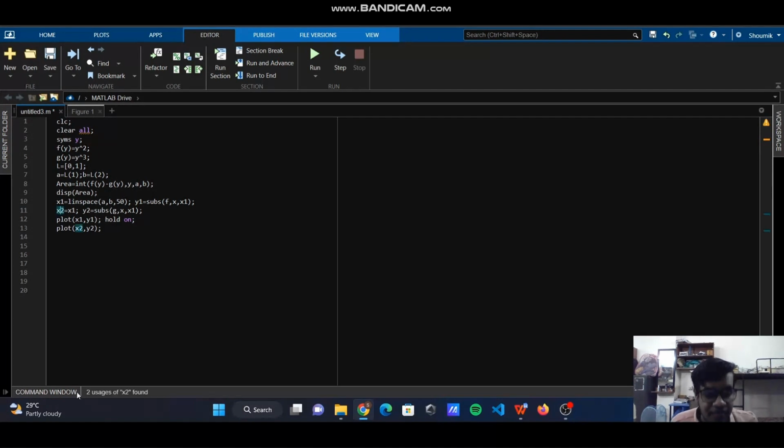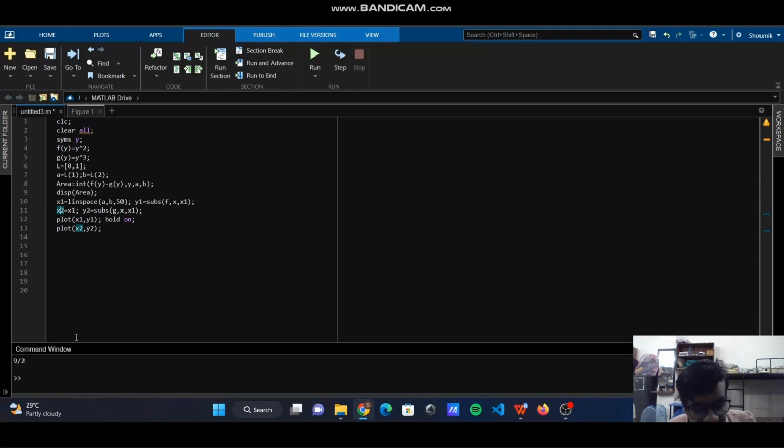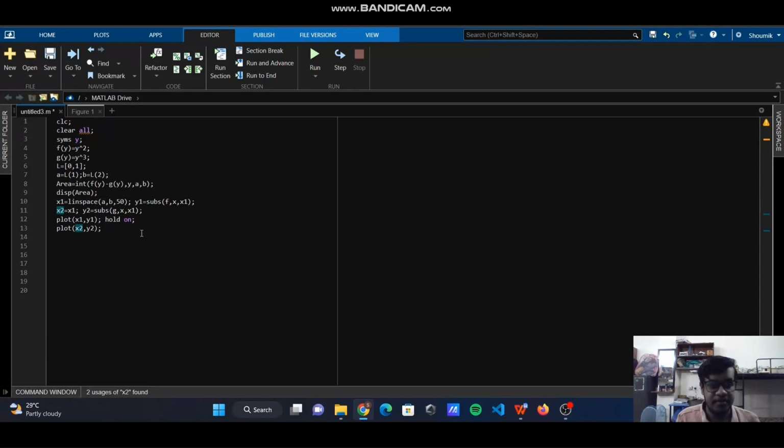And this area, that's fine. Instead of x1, you can take y1 if you want. Basically, the figure that you will get otherwise might be flipped. Like, let's take y1 as linspace a comma b comma 50, x1 as subs f y1, and y2 equal to y1 and x2 equal to subs g y1.